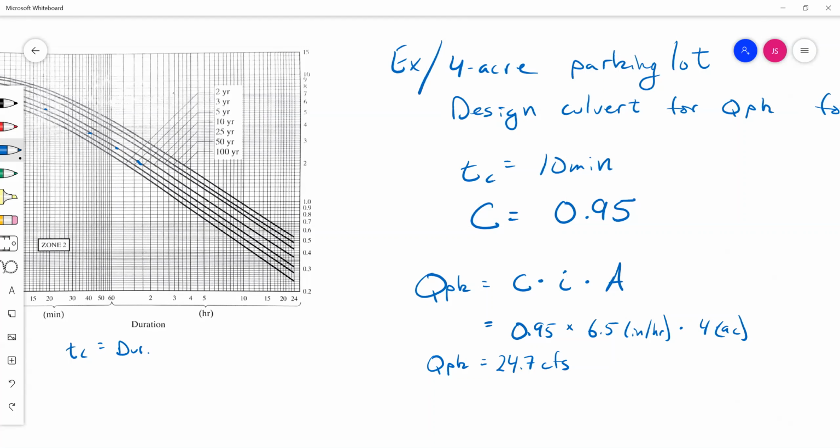And we'll note if we did that conversion factor, that 1.008, it's going to give us 24.9 CFS. If I'm doing this problem, I'm going to round up to 25 CFS regardless. So we'll just say 25 CFS because, frankly, this is a real big approximation. So that's how we do the rational method, and that's what you'll do for the problem and homework assignment.